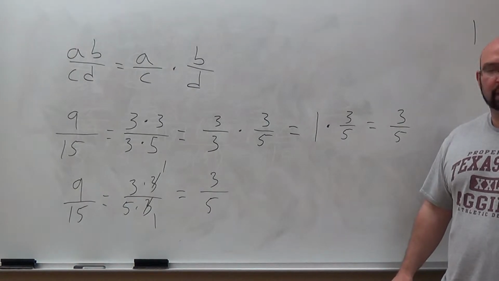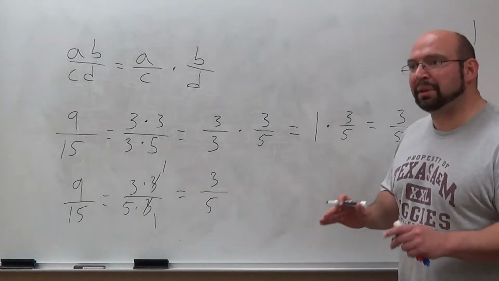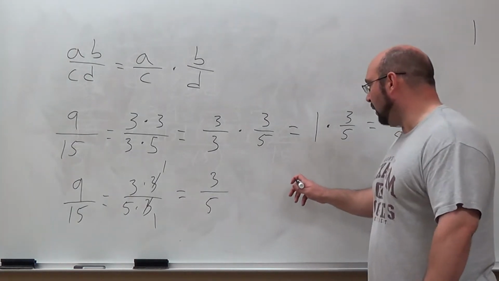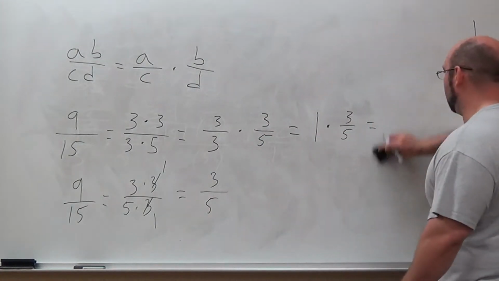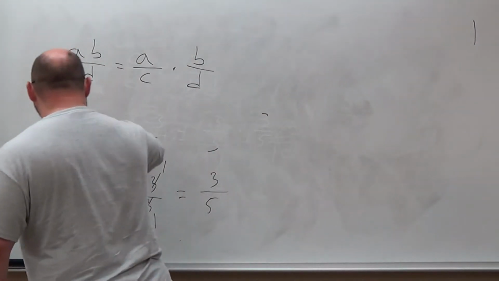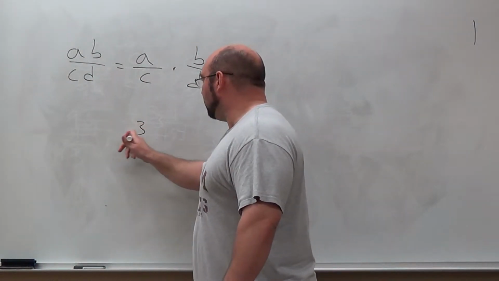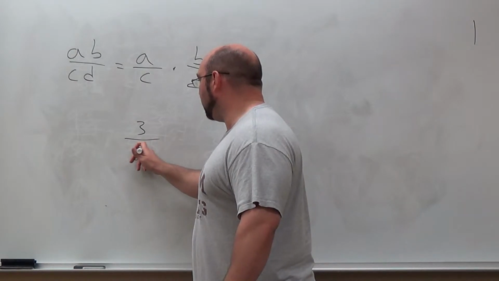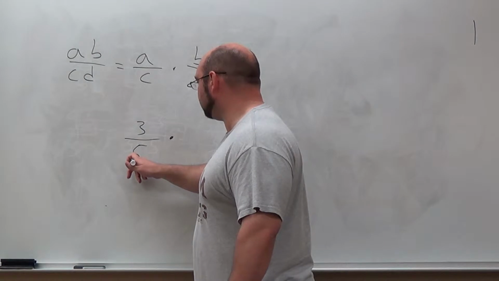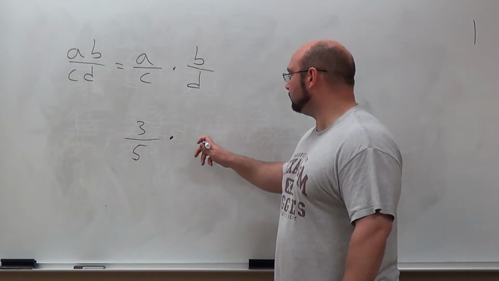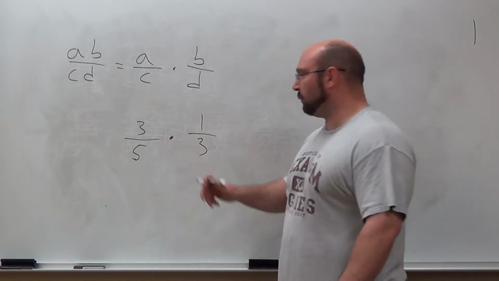All right? So we're going to extend on this just a little bit. With this same concept, if I was to start off and say, 3 over 5 times 1 over 3, right?